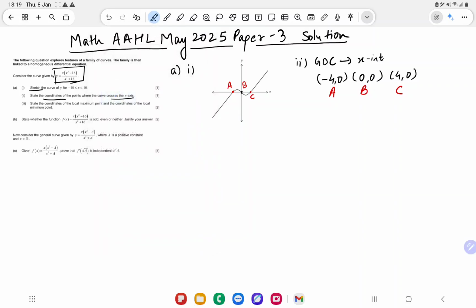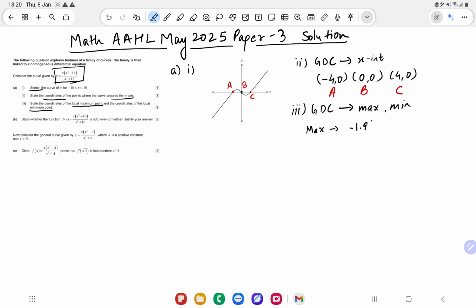Now, the third part says state the coordinates of the local maximum point and the local minimum point. For this also, again you have to use your GDC, and when you press G-solve, you will see max and min both. When you press max, you can see 2 values.